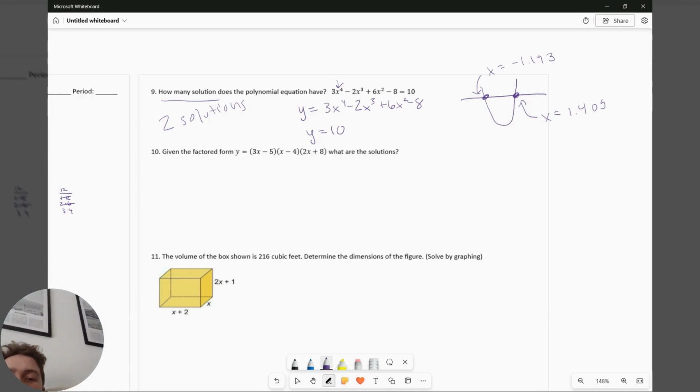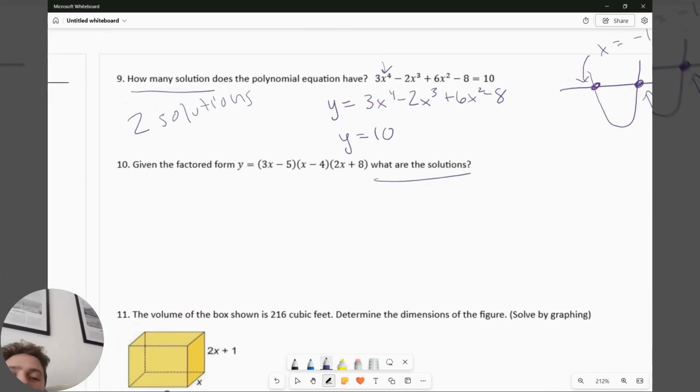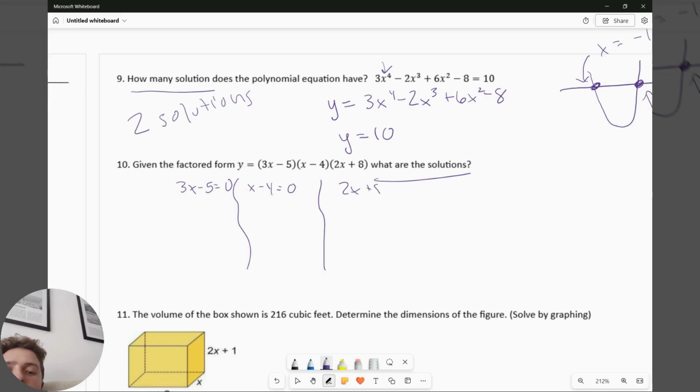Number 10, given the factored form, what are the solutions? Well, if you already have the factored form, it's pretty simple to solve it then, right? We've already done some problems where, once it was factored, you'd set them all equal to 0 and you solved.